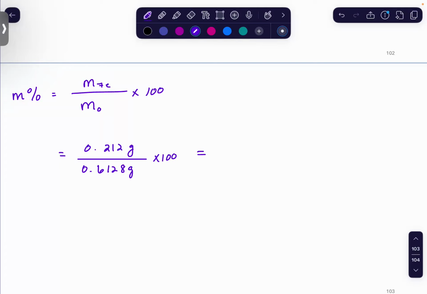Our mass percent is going to be 34.6% iron in the original ore sample. So we do need to know how to balance redox in order to solve certain chemical reactions.